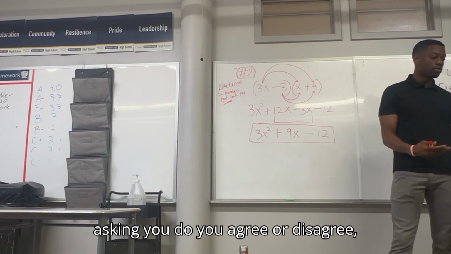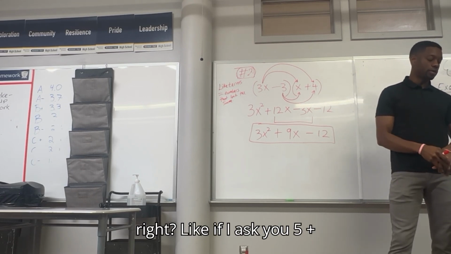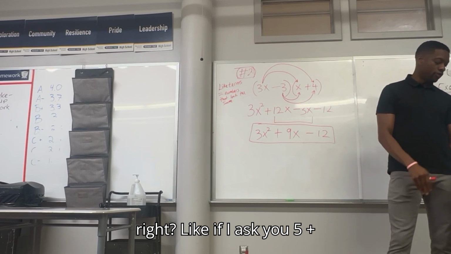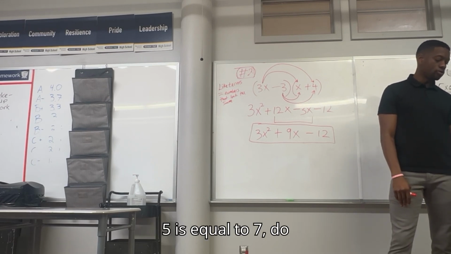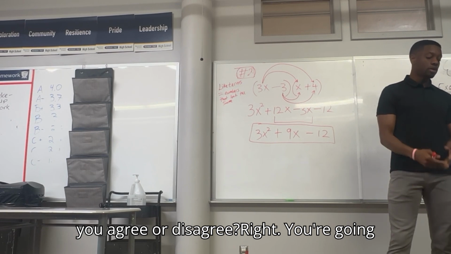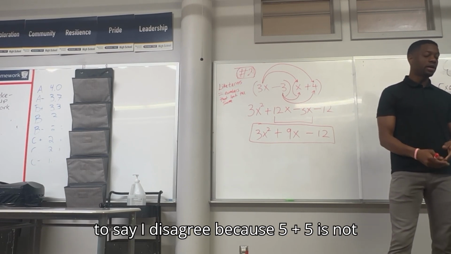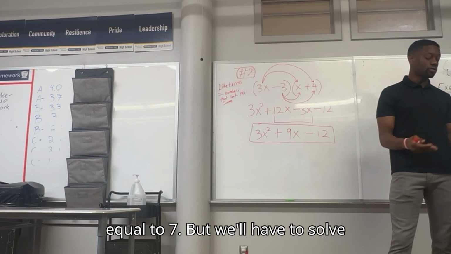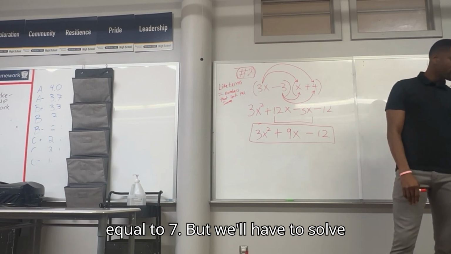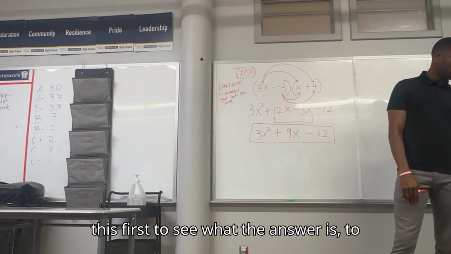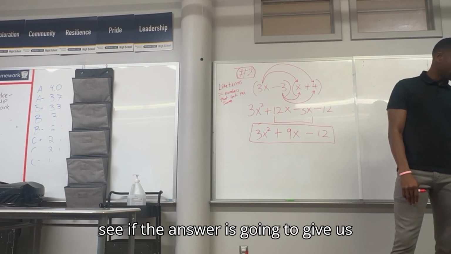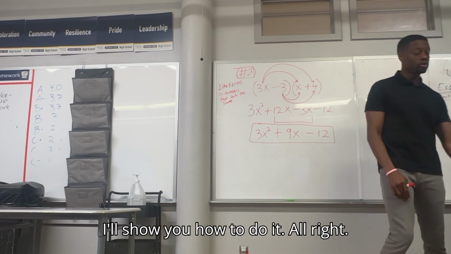They're asking you, do you agree or disagree, right? It's like if I ask you, 5 plus 5 is equal to 7, do you agree or disagree? You're gonna say, I disagree because 5 plus 5 is not equal to 7. But we'll have to solve this first to see what the answer is, to see if the answer is gonna give us this. So we'll have to solve this, and I'll show you how to do it.